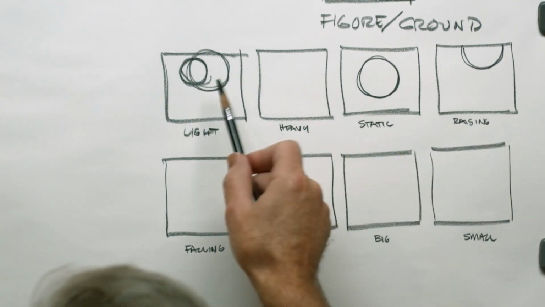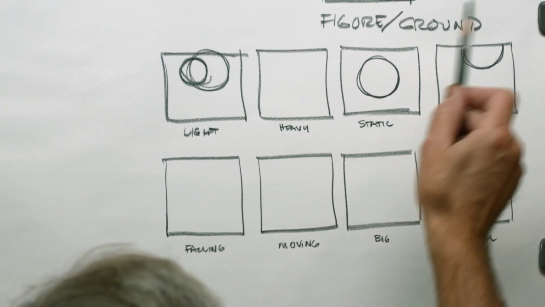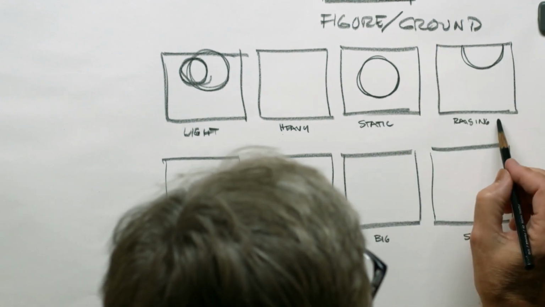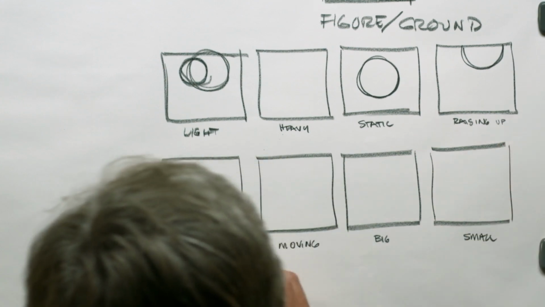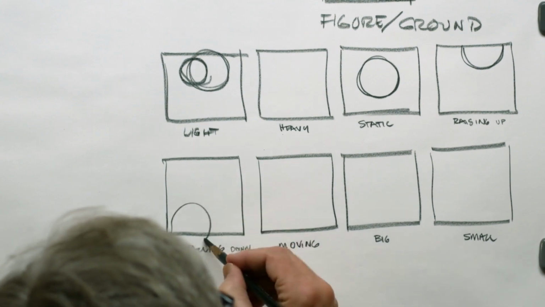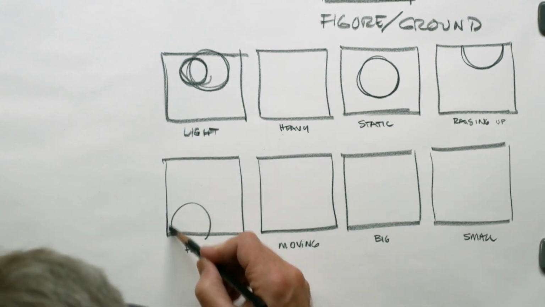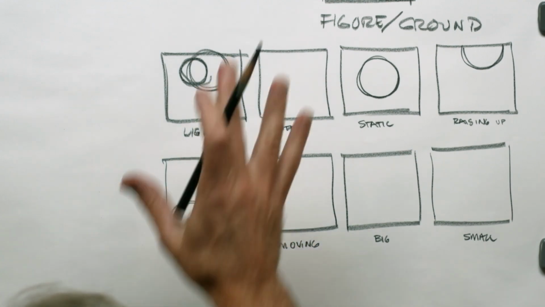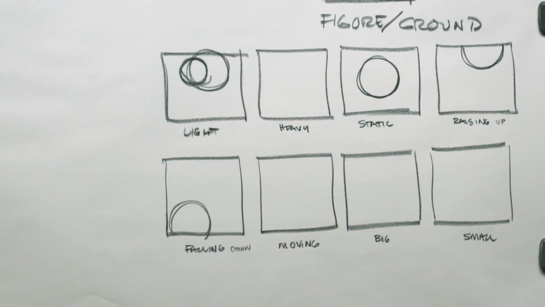It has that feeling because it's starting to float out of the frame. Rising up might help define it. Falling down, again, this might be something where you're falling out of the frame. So you're using your figure and ground relationship to say something about it. You have a point of view about that.